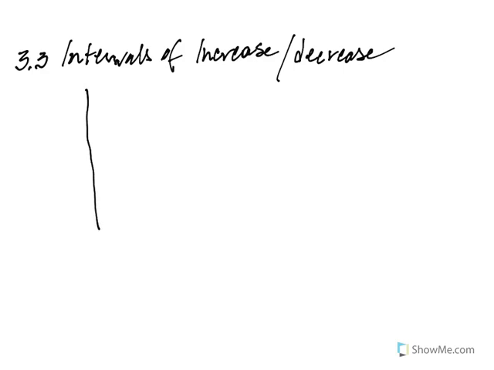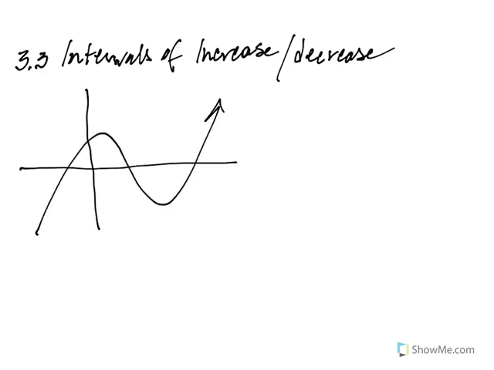So if I take a look at a graph of a polynomial function, back in the day what you did was you looked for maximums and minimums. You found their corresponding x values, and then you wrote them as intervals of increase.